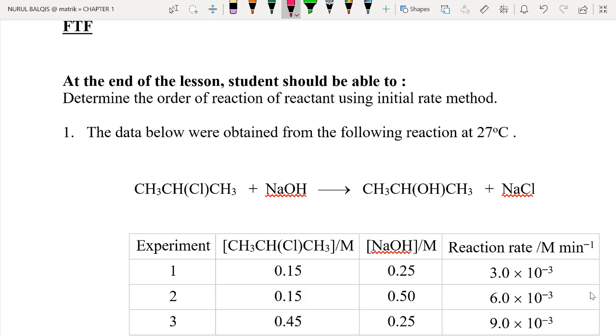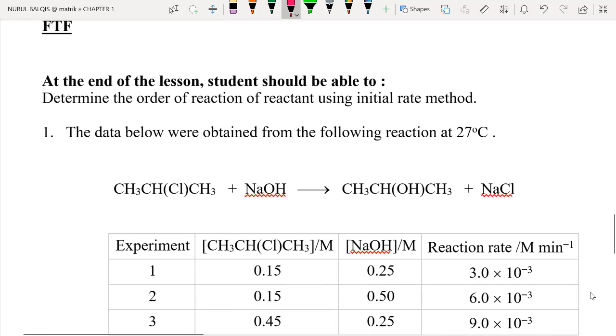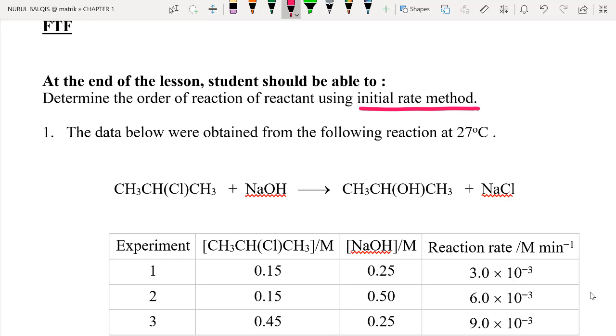So if we say experiment, it means we need data, a number of data. Now the question already asks you to use the initial rate method. The initial rate method is the only way that you don't need to use a graph in determining the order of reaction.